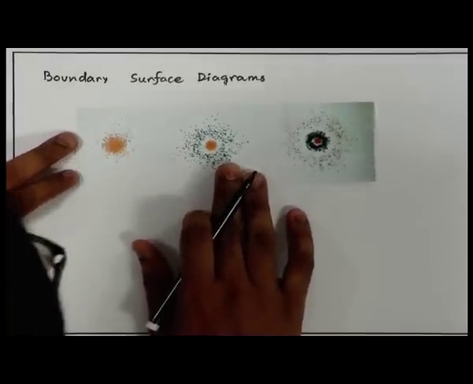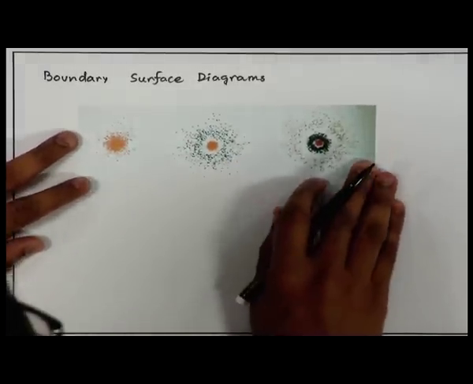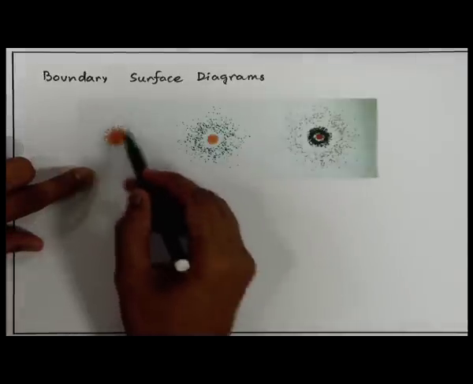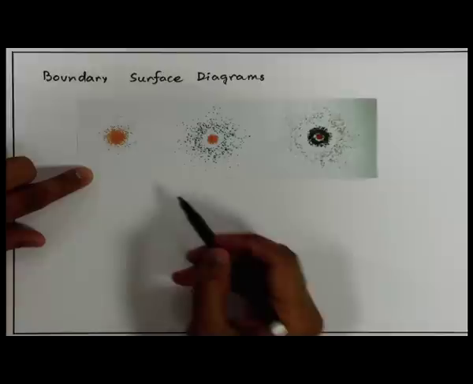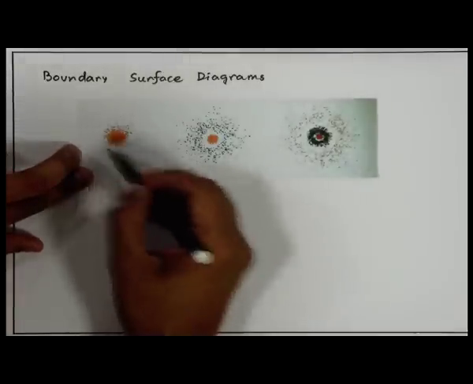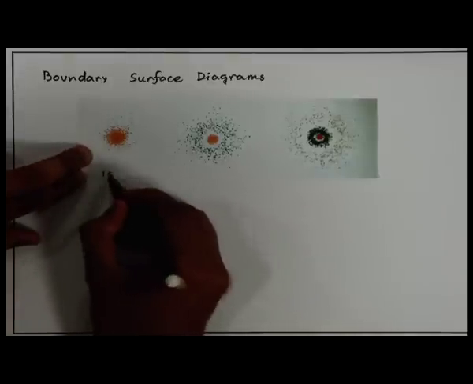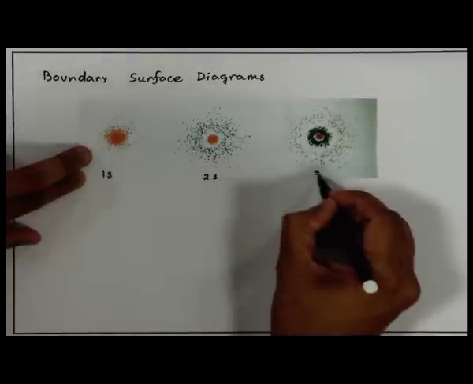What I am showing you here is a dot diagram. Each dot signifies that the electron was found at that point of time. So, you can see that in this first picture, which is for 1s, this is for 2s, this is for 3s.